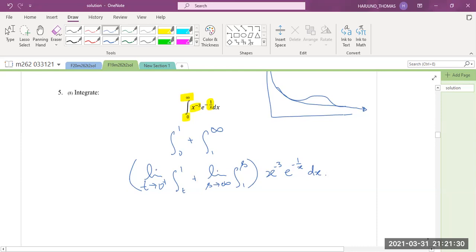And then you integrate one by one. And I think from there you need to do substitution first. You substitute negative 1 over x or 1 over x, and then eventually you need to use integration by parts.